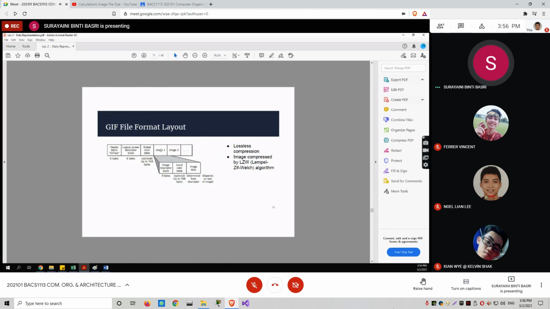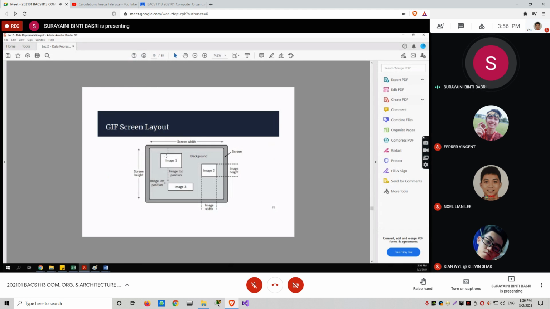Okay, so there will also be the block of image one. This image one is 9 bytes for only image one. So what is image one? It is this one.